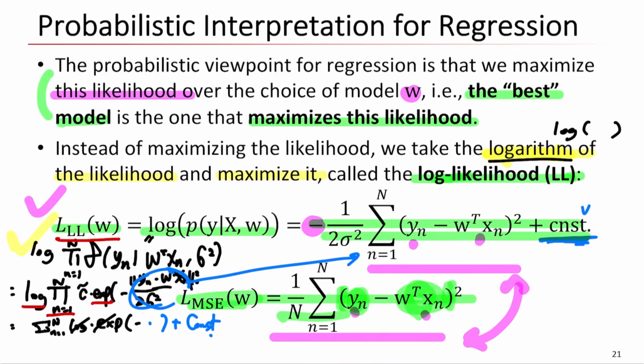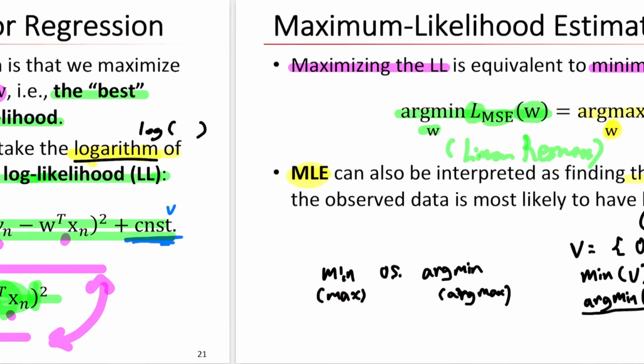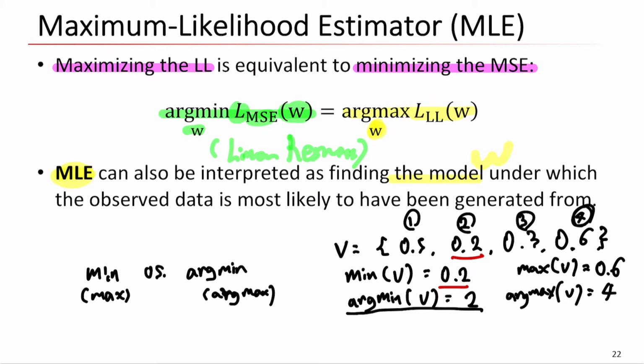When we maximize the log likelihood of the linear regression loss, it is almost similar to the MSE loss that is popularly used in linear regression problems, right?